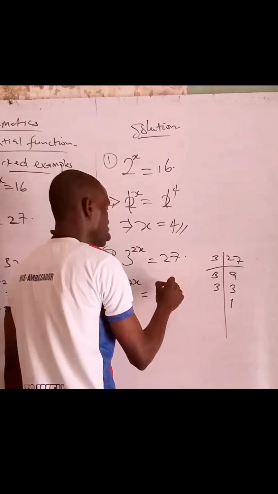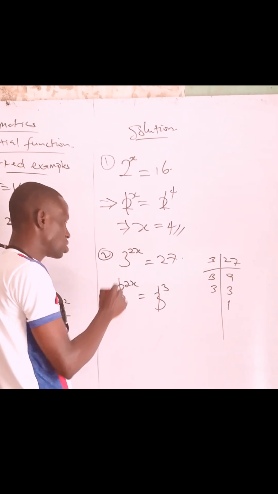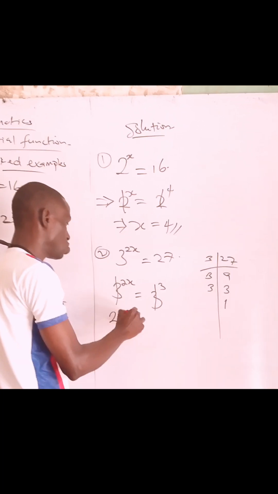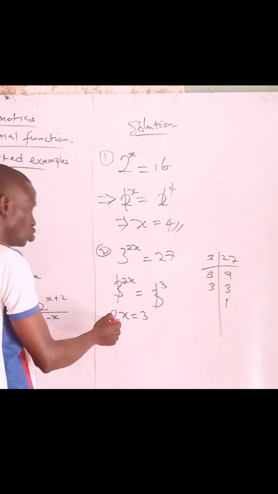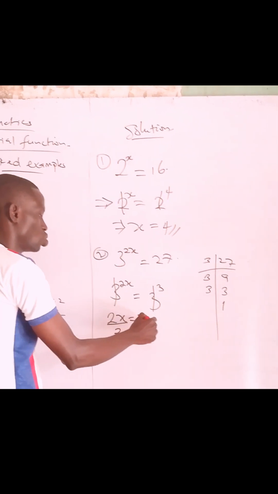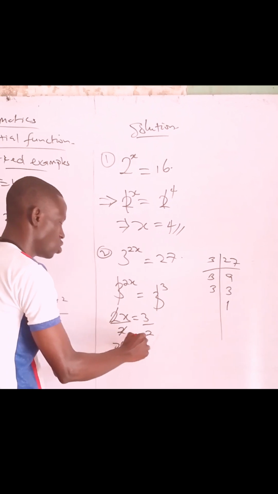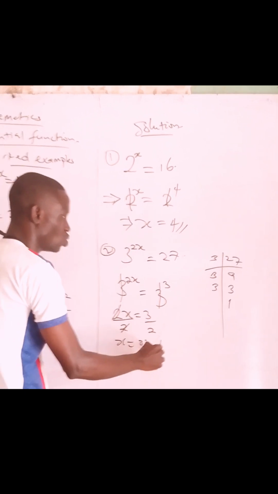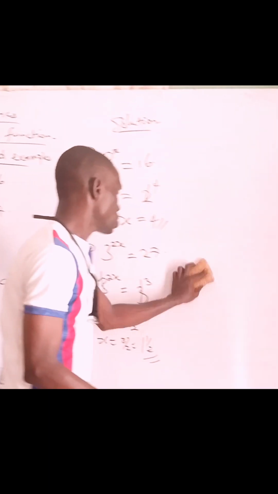So that will be 3 raised to the power of 3. Then 3 can cancel 3, so we now have 2x equal to 3. When you have this type of equation, you divide both sides by 2, so 2 cancels 2, and x gives us 3 over 2, which is 1 and 1 over 2. That is the solution to number 2. I hope it is clear.